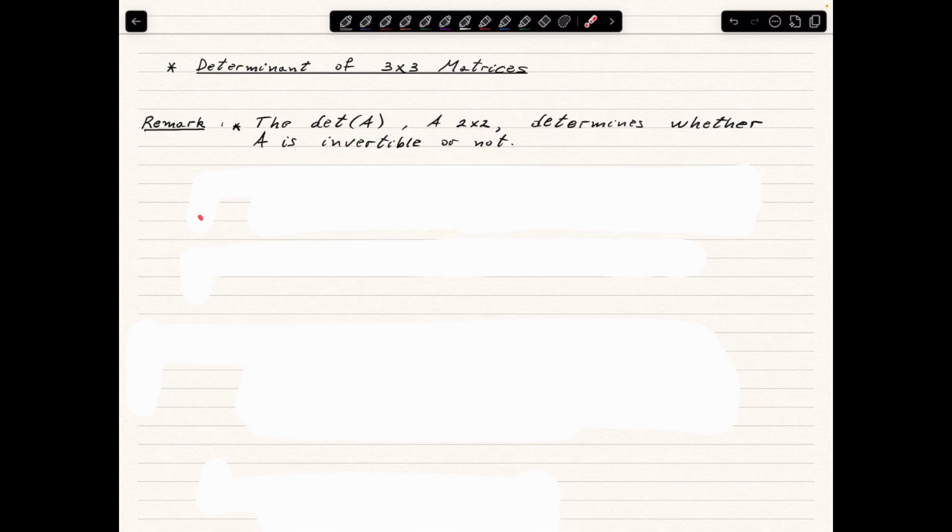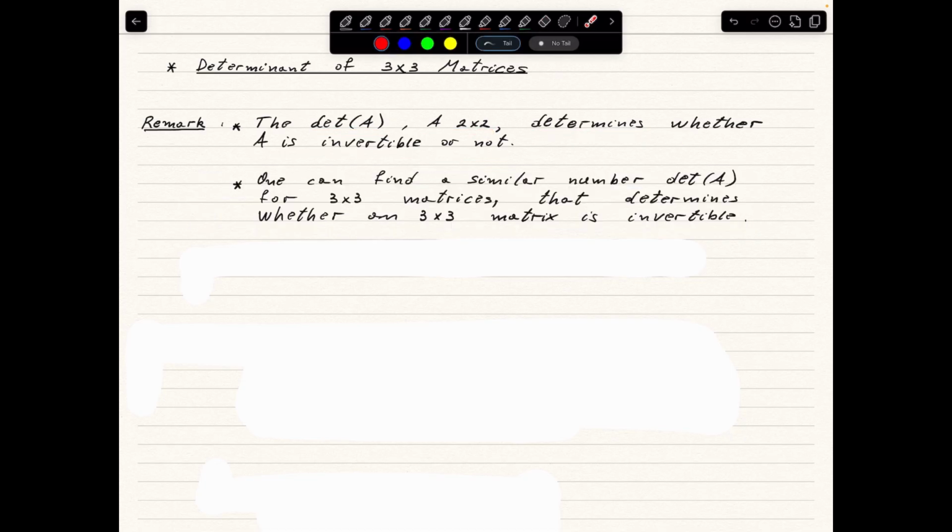And what we want is to find a similar number, which we are going to call the determinant of a matrix A, for 3 by 3 matrices. That is, we want to find a number for 3 by 3 matrices that determines whether the matrix is invertible or not.